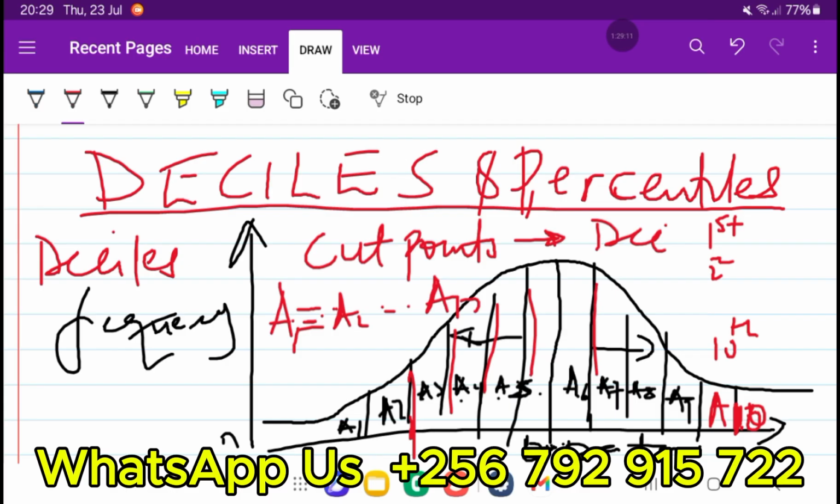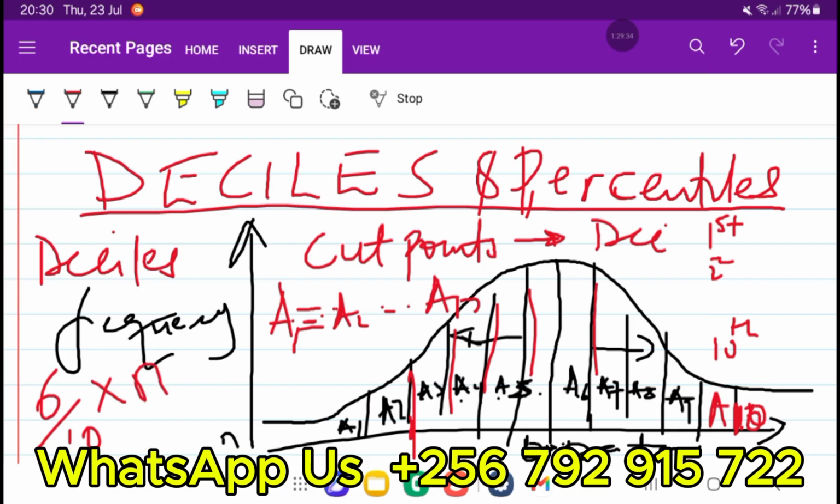If we are picking maybe a 6, it will be 6 out of 10 times n. If you are being given the times n, this will be n.